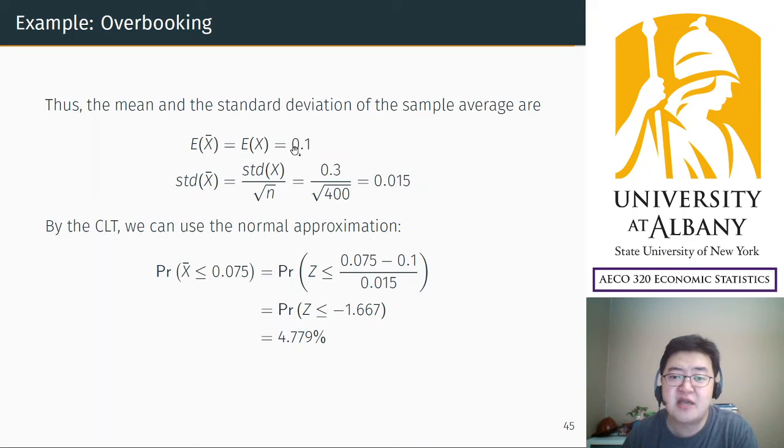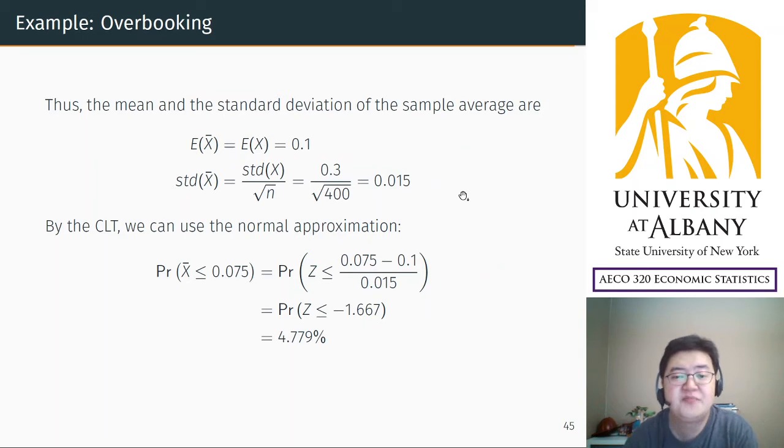The mean is the same as the binary random variable, and the standard deviation of x bar is the original standard deviation divided by the square root of the sample size. In this case, n was 400, so it's simple algebra.